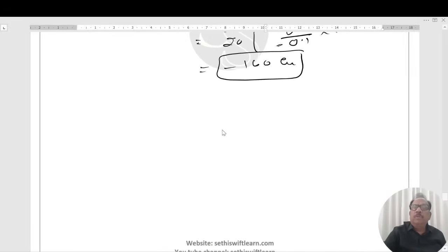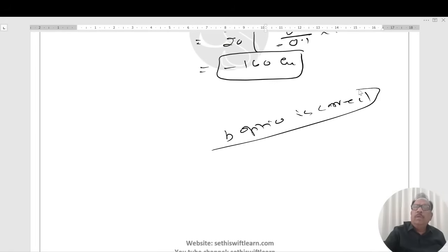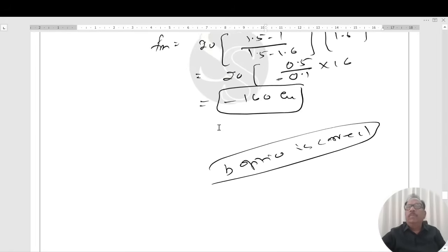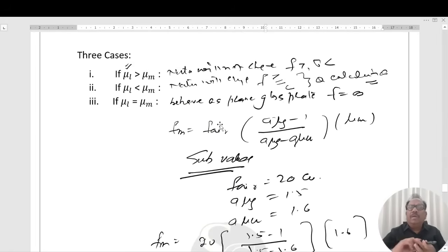B option is correct. Right? If you know this formula, you can give the answer of this question orally. Nature will change, nature will not change, focal length will increase, power will increase or decrease, it will behave as a plain glass. All the questions are covered in this formula.